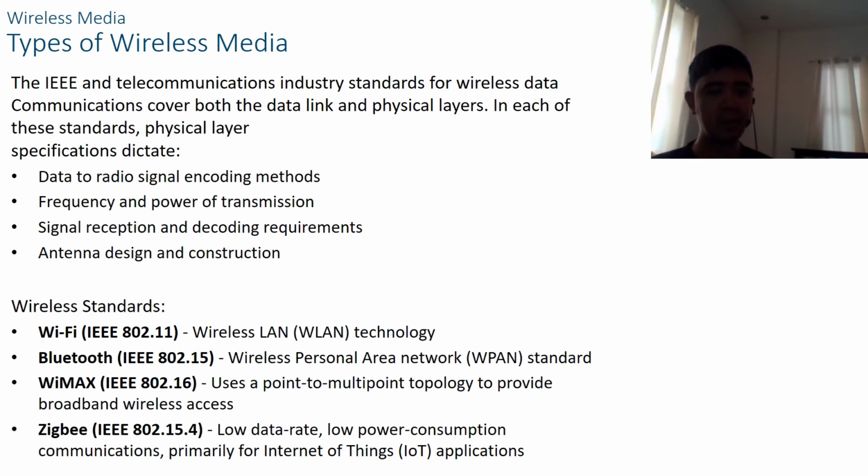Usually in the standards, what we see in the document are the frequencies accepted, the decoding technique or mechanism, the antenna design and construction, and the encoding method as well.